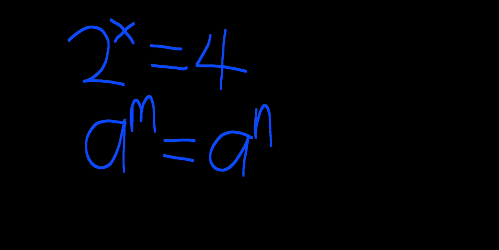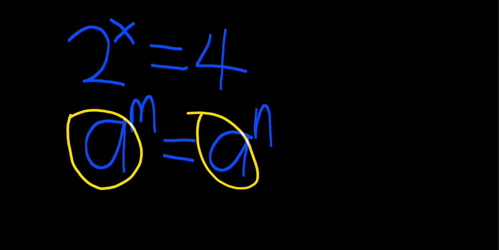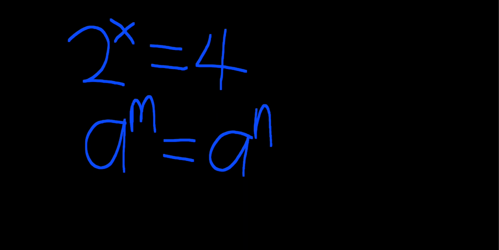So the law is saying that if the bases are the same, then the exponents are equal to each other. Or if the bases are the same, then equate the exponents.